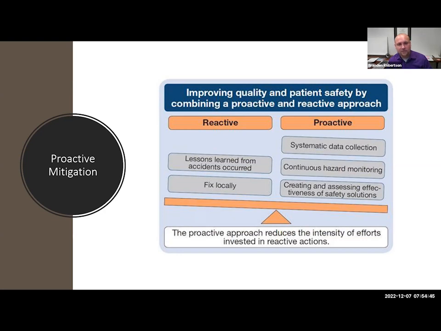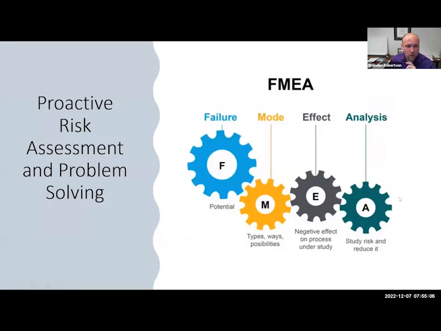And that proactive methodology is a systematic data collection. It's continued hazard monitoring in some ways and creating assessment of effectiveness for safety solutions. So we're looking at how effective our solutions are and are going to be in a proactive world, and again, where we want to be.